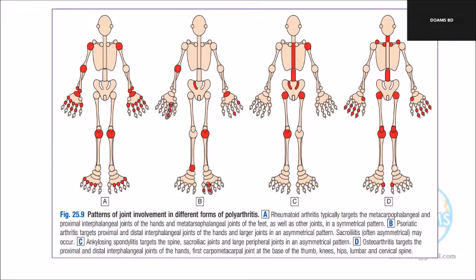This is the asymmetry. In A, there is bilateral joint involvement in both hands, and they are symmetrical, but in D they are not symmetrical.